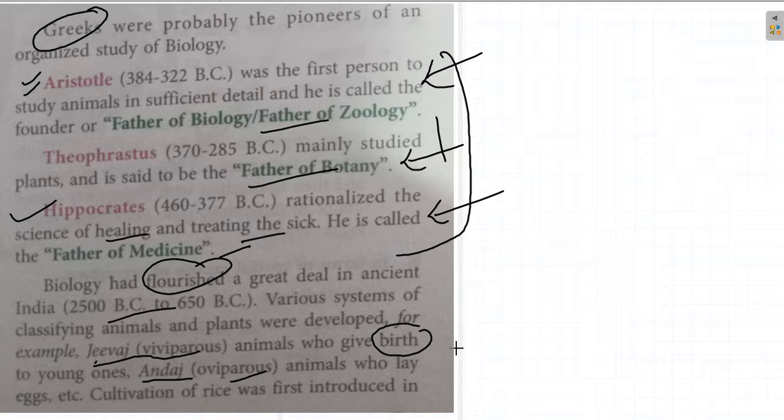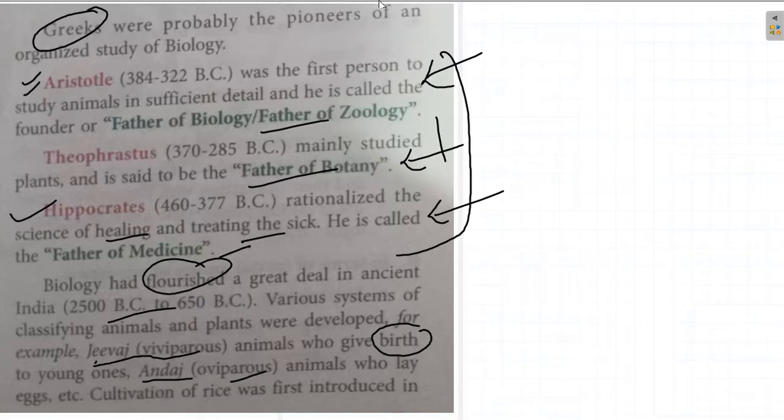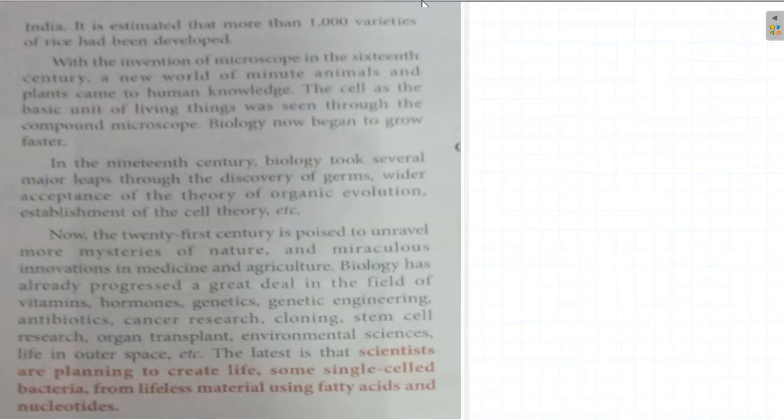Next, cultivation of rice was also first introduced in India. Till now more than 1000 varieties of rice have been developed. Biology flourished with the invention of the microscope in the 16th century.